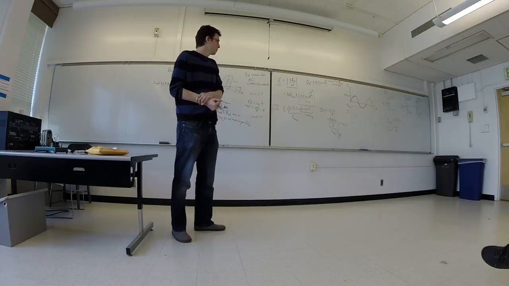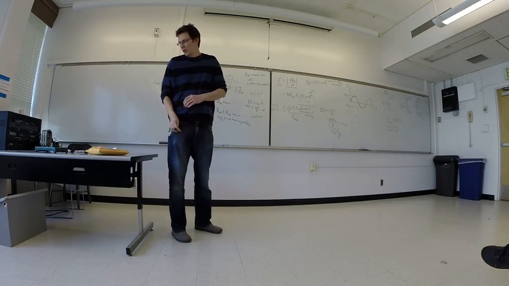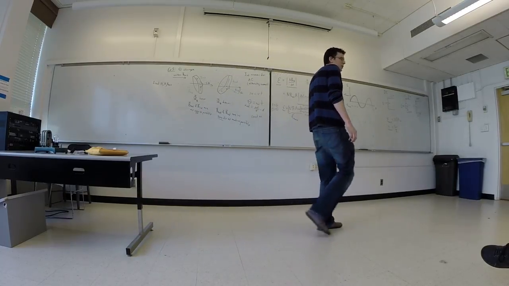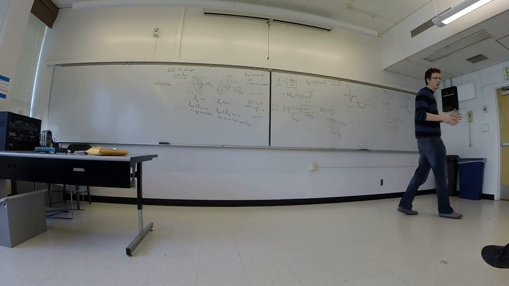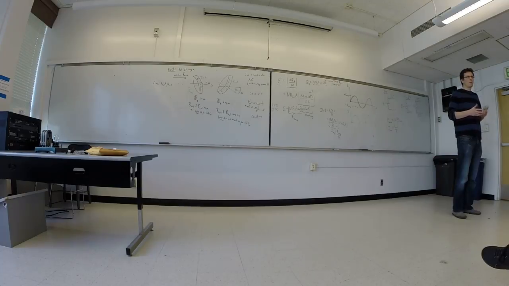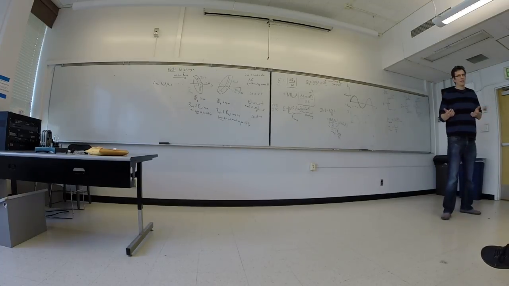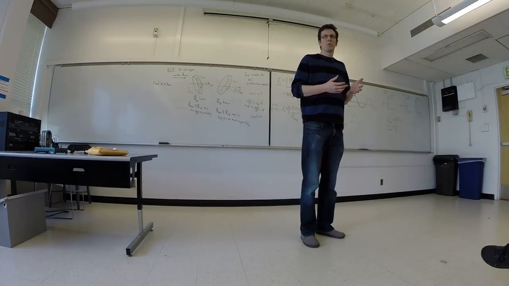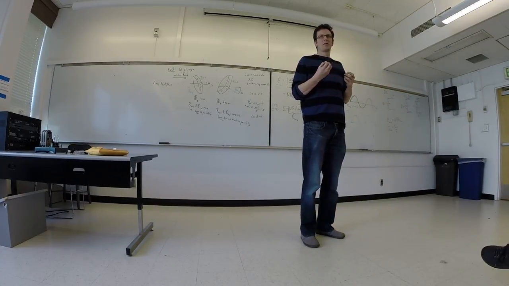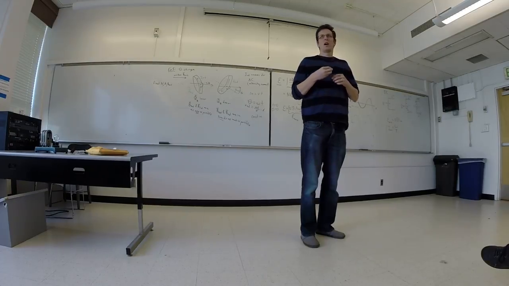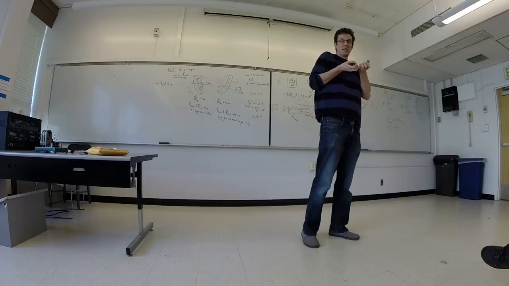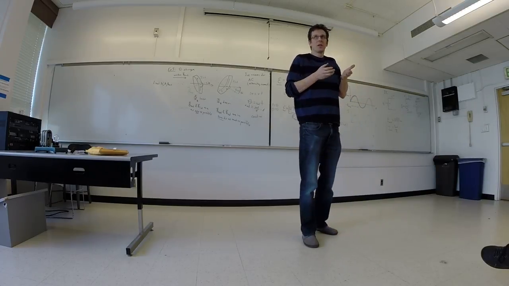And I want you to then just understand, and I guess the other point I should make is, is this going to change much because the current's sloshing back and forth? Well, imagine sending AC through a light bulb, okay? So we learned, of course, what's a light bulb? A light bulb is something where you send current through it, the electrical energy gets dissipated into thermal energy, and the thing gets so hot it glows.